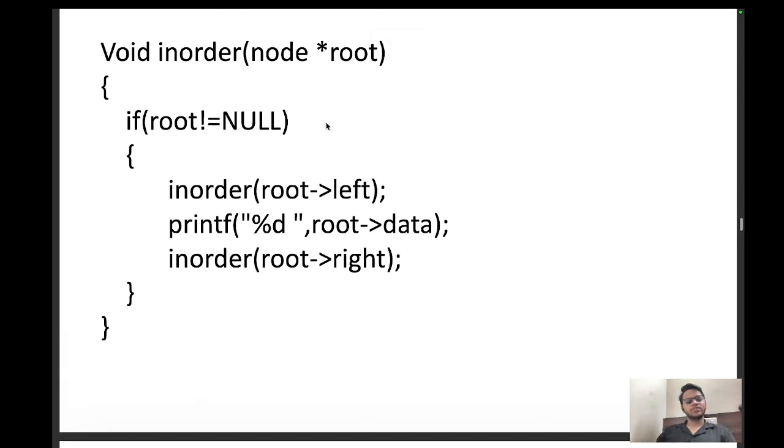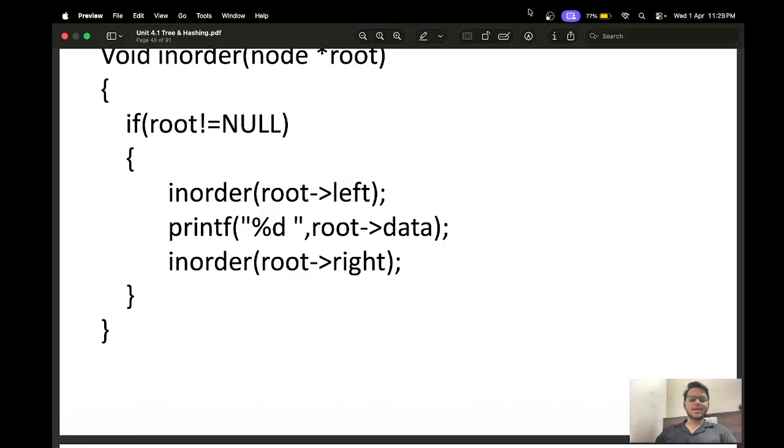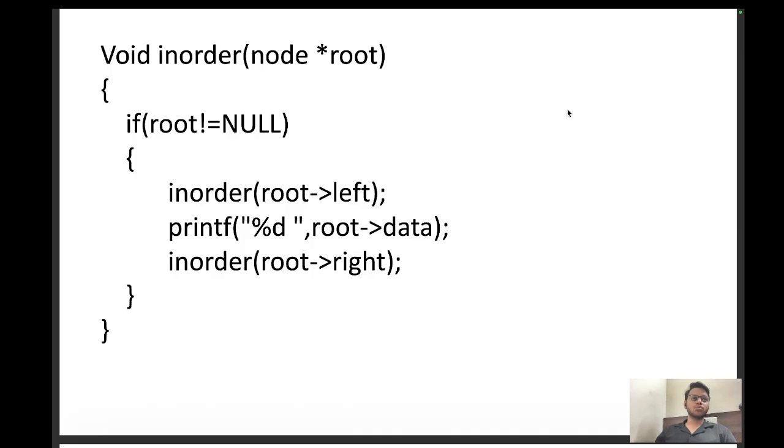This is very easy. We have taken one if statement, and in this if we have passed the condition that root is not equal to null. It basically means that if the root is equal to null, which means that no other element is present in the tree, then the traversal has ended and there is no other element.